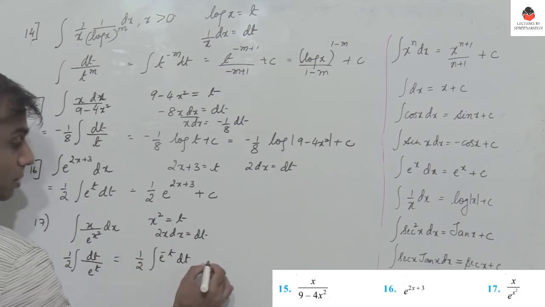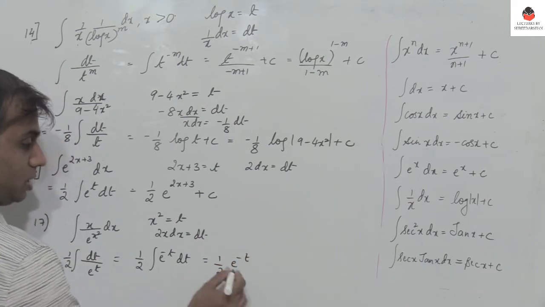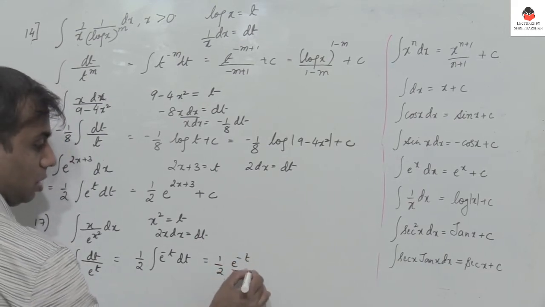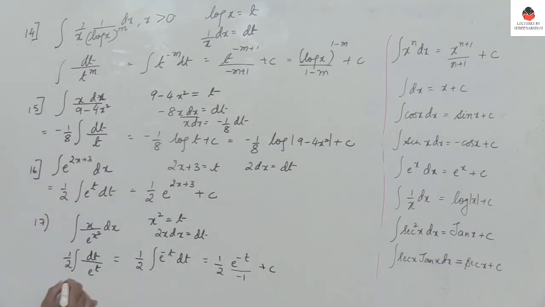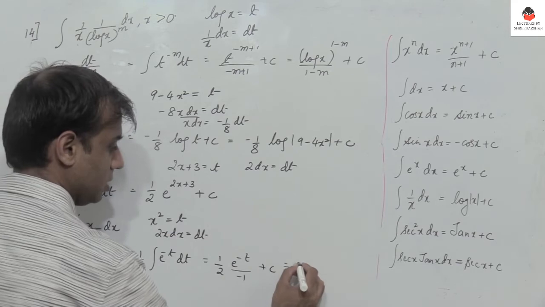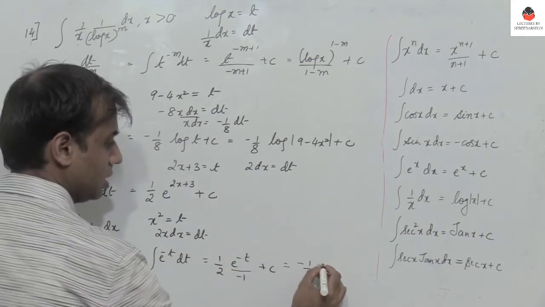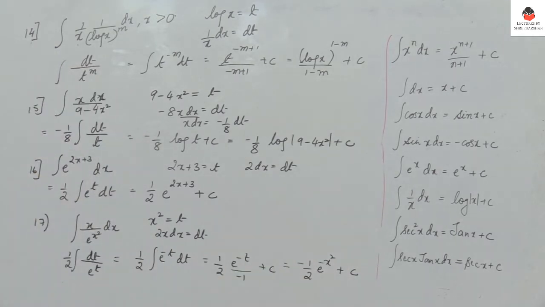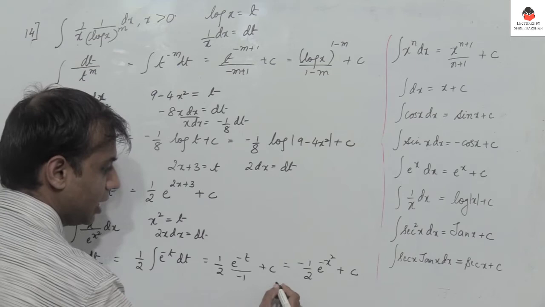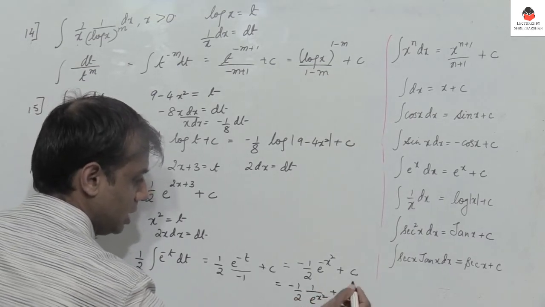Integral e power minus t is e power minus t divided by minus 1, plus c. So I'll write the answer here: minus 1 by 2 e power minus t, which is minus x square, plus c. So this is the answer. This can further be written as minus 1 by 2 times 1 by e power x square plus c.